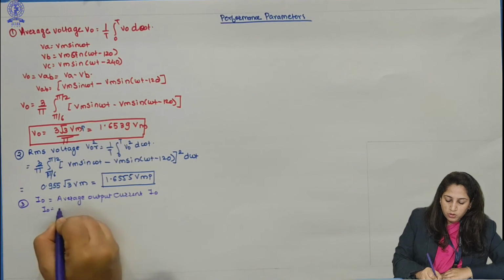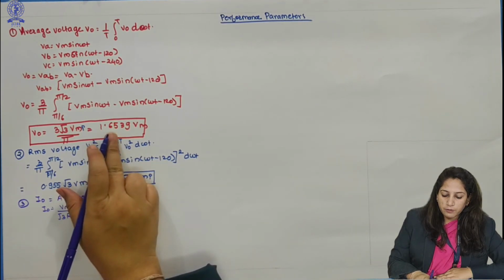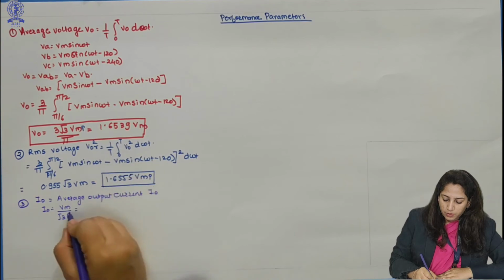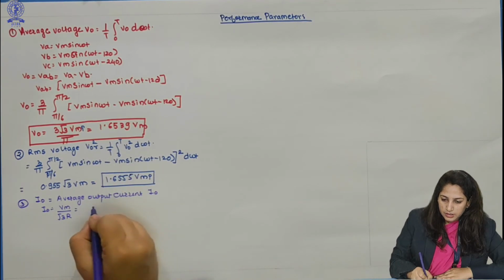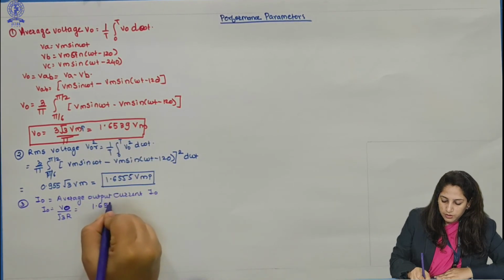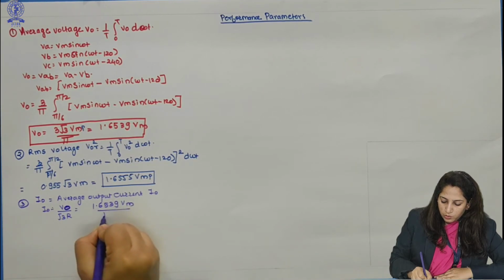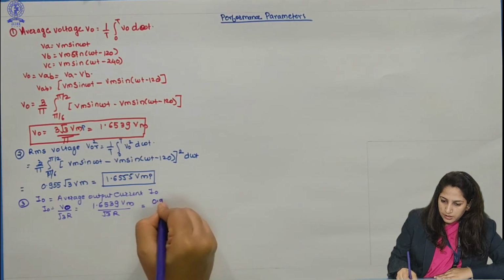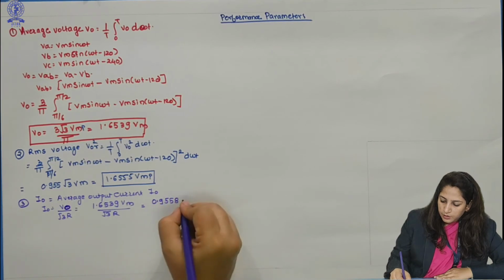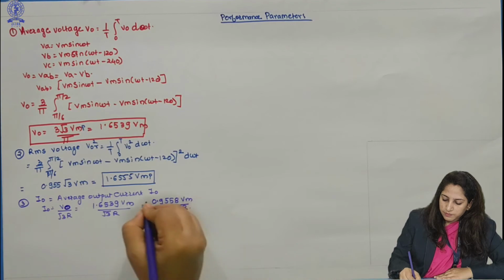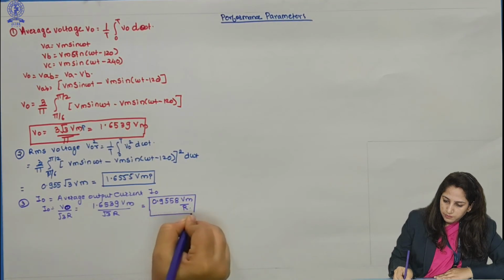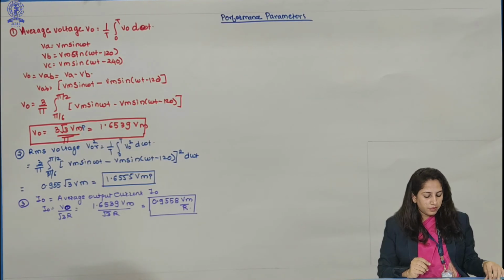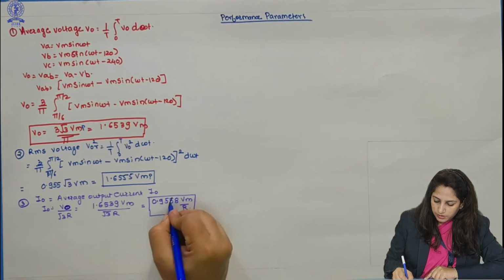So I0 is equal to V0 upon root 3 R. V0 we know is 1.6539 Vm, upon root 3 R. So this IO value will become 0.9558 Vm upon R.